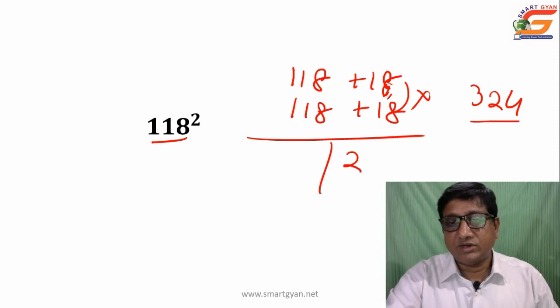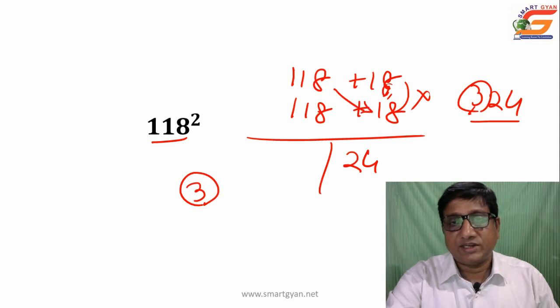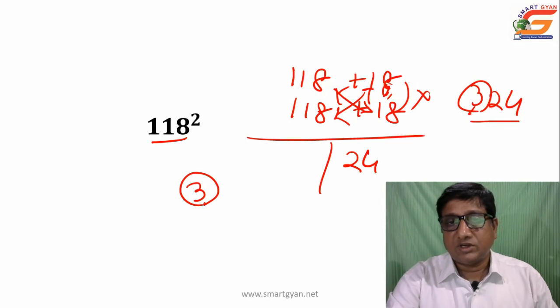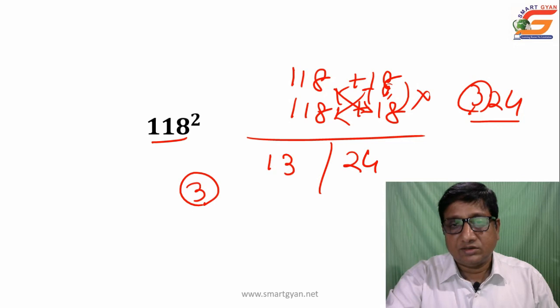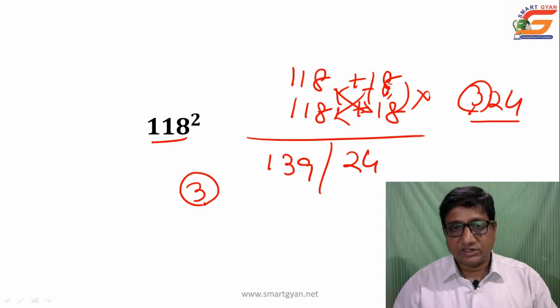We will write only 24 and carry this 3 for the left part. Then 118 plus 18, it is cross addition, our symbol is plus. 118 plus 18 is 136, plus 3, 139. So your final answer is 13,924.